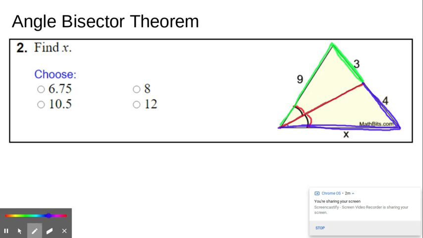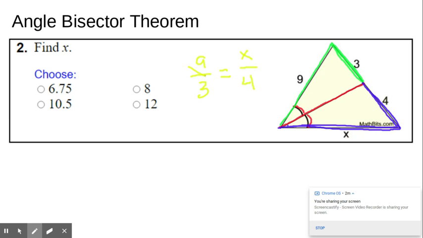So we've got 9 over 3 equals the bottom side, which is x, over 4. Just make sure if you put your side up top, you have to put your side up top on the other ratio. If you put your segment on the bottom, you have to put your segment on the bottom of the other ratio. Whatever pattern you established with the first one, that same thing holds true for the second one.